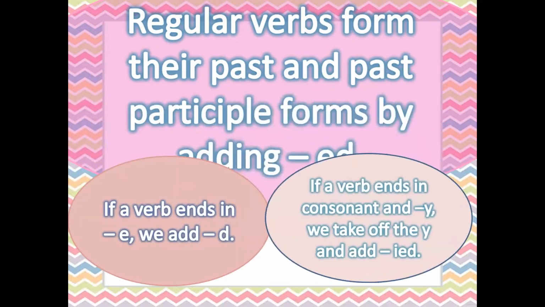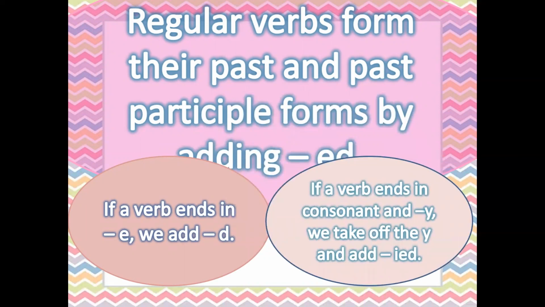Regular verbs form their past and past participle by adding ed, right? Now, students, we have to see here 3 rules. The first, as I told you, is that regular verbs form their past and past participle forms by adding ed, right? And the second rule is that if a verb ends in e, we add the letter d with it, right?